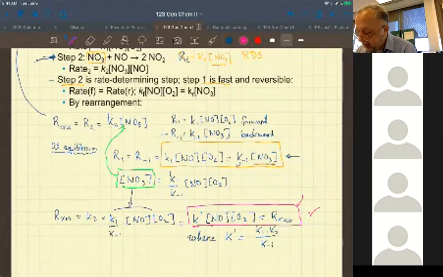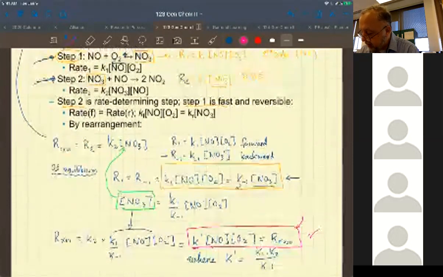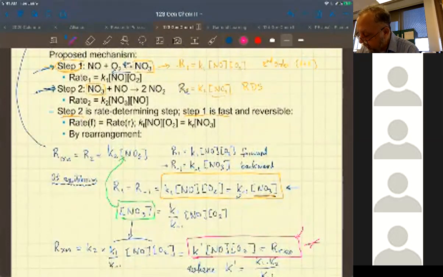In this case, we're doing it with NO3 because NO3 shouldn't be in the rate of the reaction expression, this pink one here. And so we need to get rid of NO3. Here, this is not the proper way of expressing the reaction rate for this reaction. So I needed to get rid of NO3.